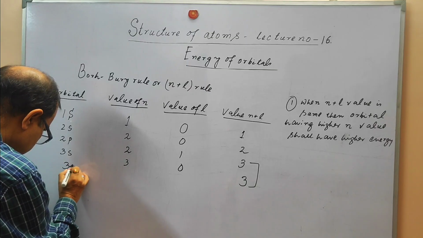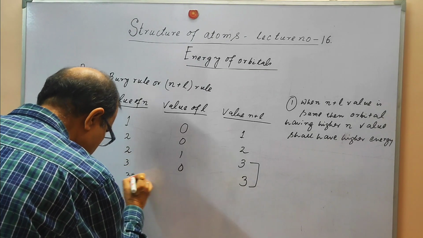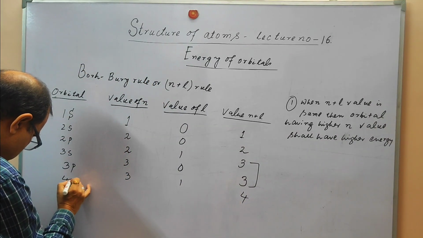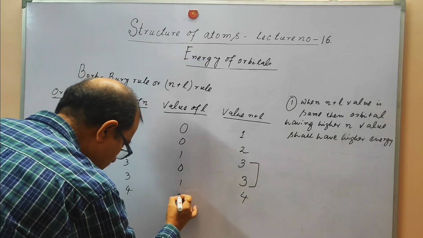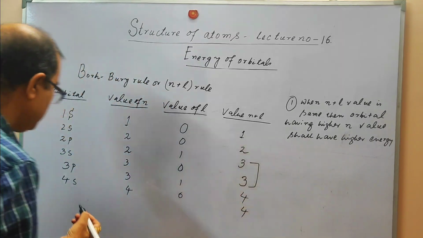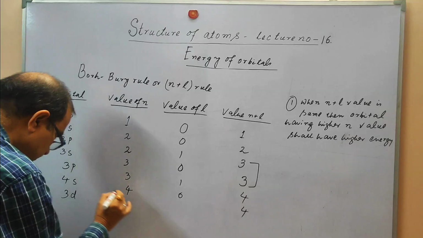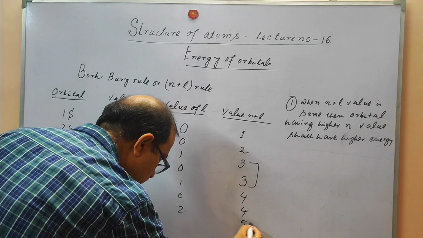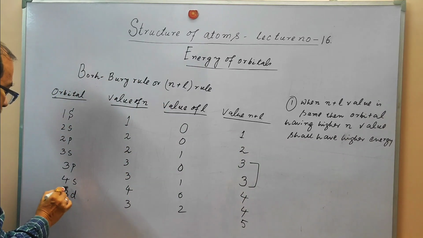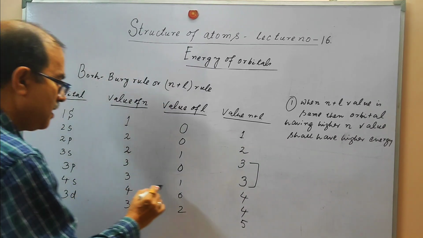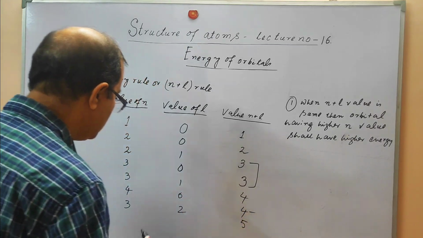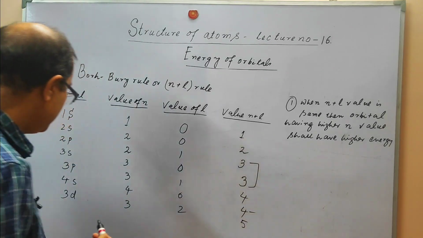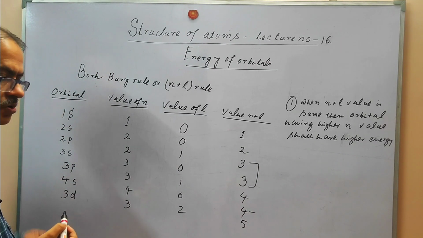Now the 3p orbitals: for 3p, n is 3, l is 1, and it is 4. Then the 4s orbital, which is 4, then the 3d orbital. Here you can see the 4s orbital has 4, and the 3d orbital, because of its higher n plus l value, will have higher energy than the 4s orbital.